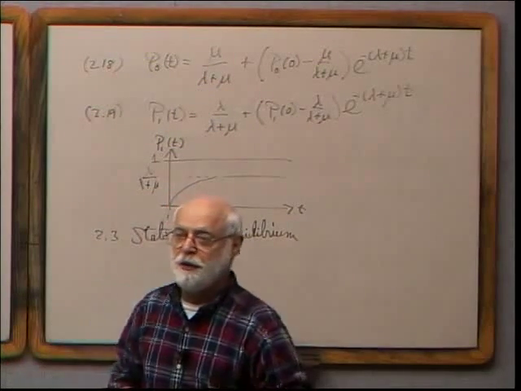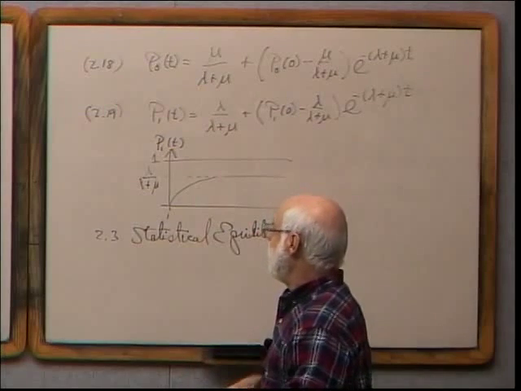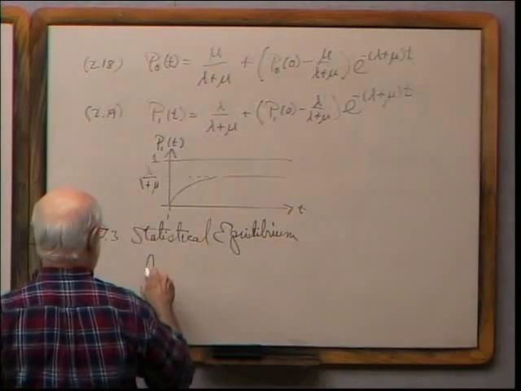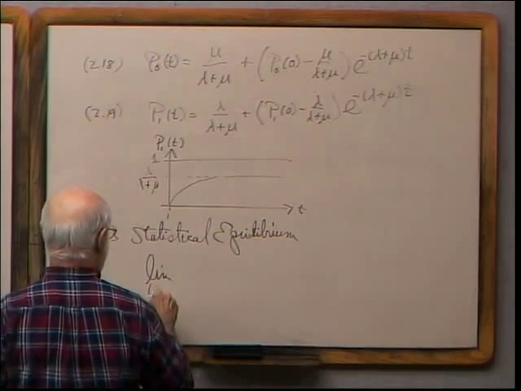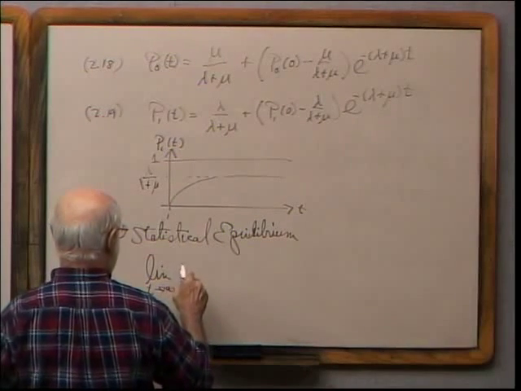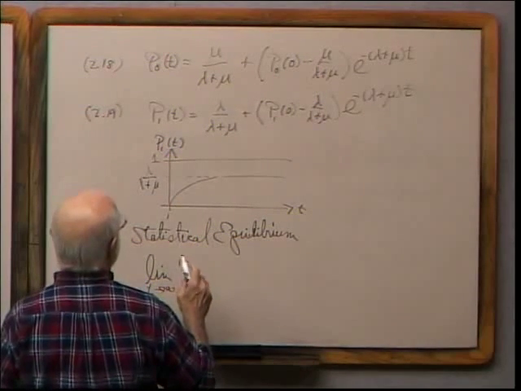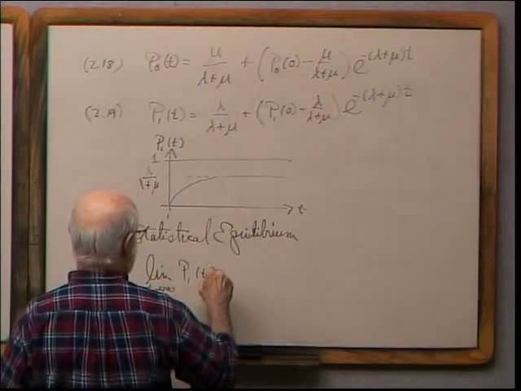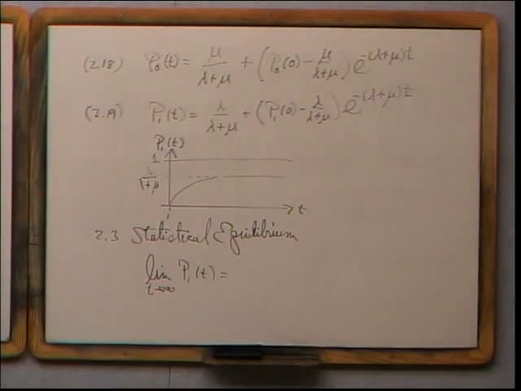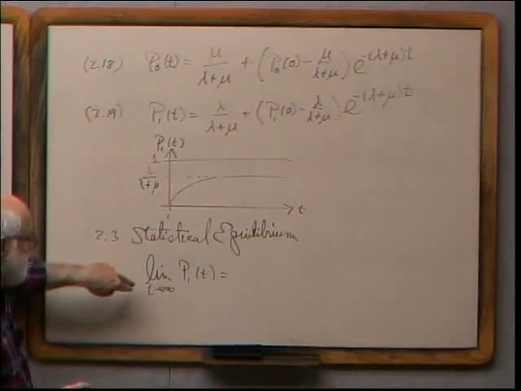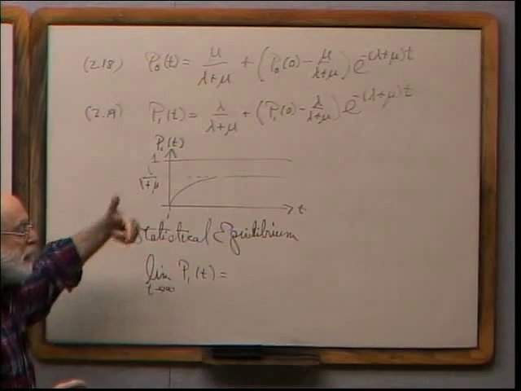So that corresponds to the limit as t goes to infinity of the probability of being in state 1, let's say, for our particular case. So what's the probability that after a long enough time I'm in state 1?